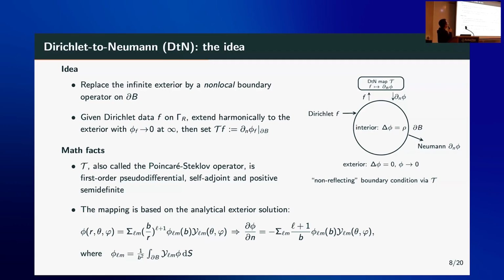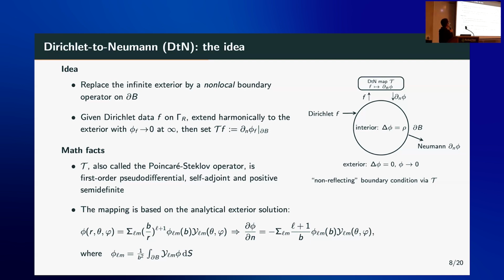This operator is called the Poincaré-Steklov operator. It is proved to be first-order pseudo-differential, self-adjoint, and positive semi-definite. These are very good properties. It means that if we construct this operator, it will not affect the symmetry of our system, and it ensures stability. The solution will not blow up.